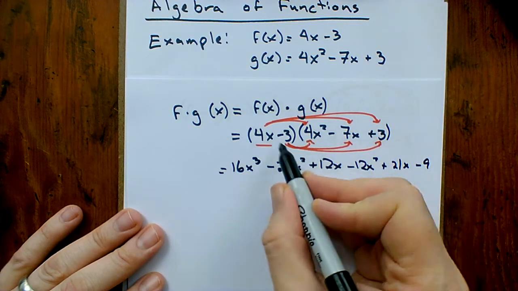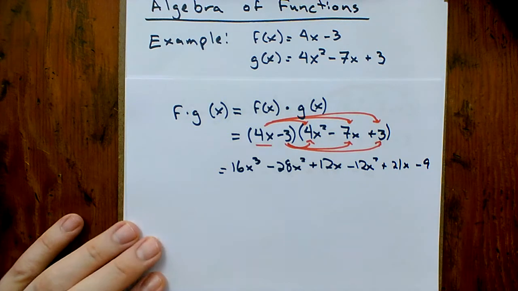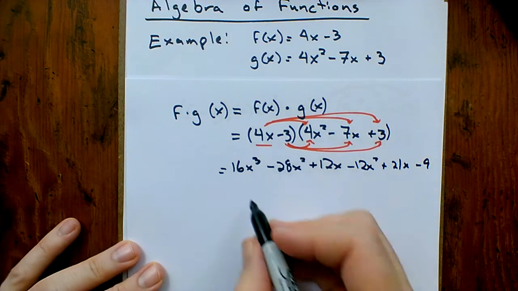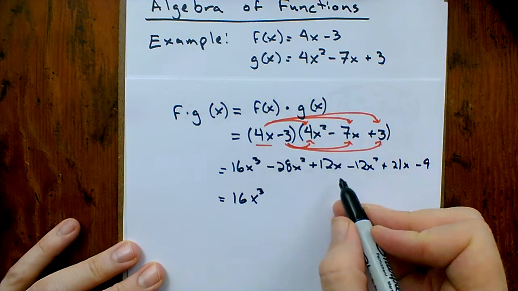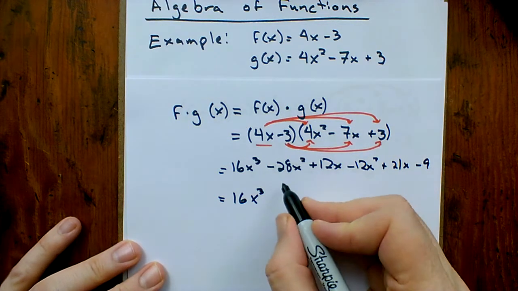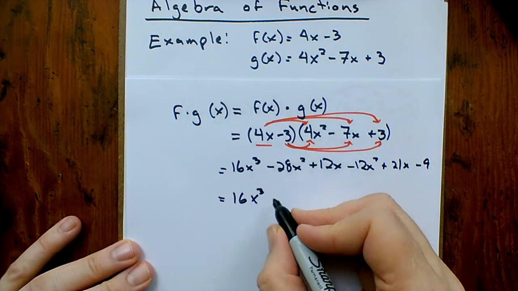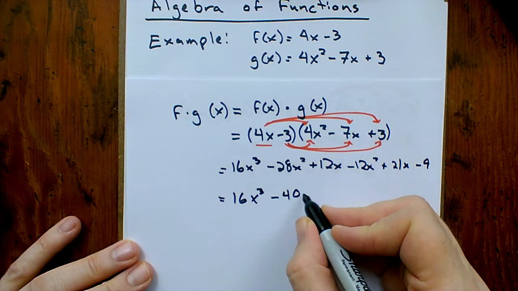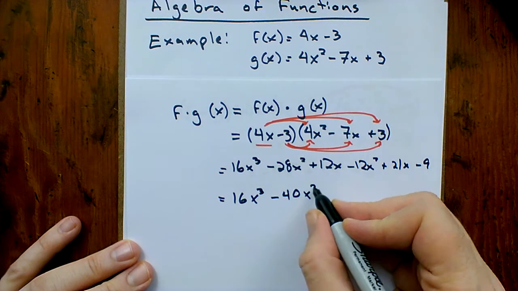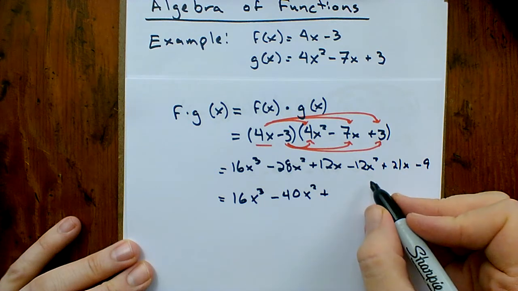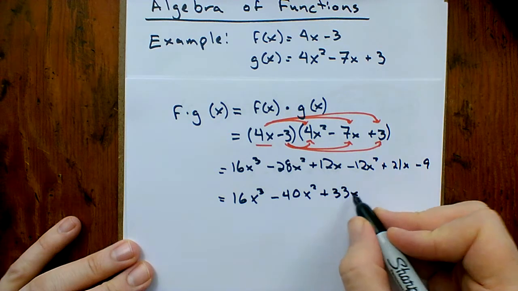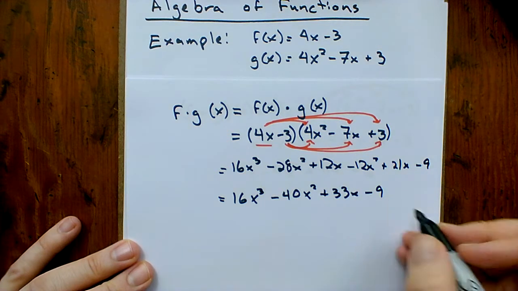I'm distributing this negative 3 in through here. So I've got 16x cubed. 28 minus 12 is going to be minus 40x squared. It looks like it's going to be plus 33x and then minus 9.